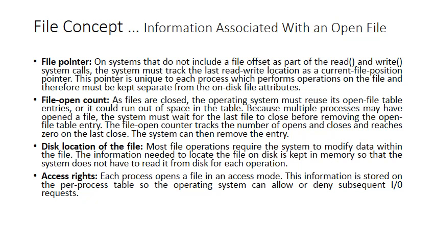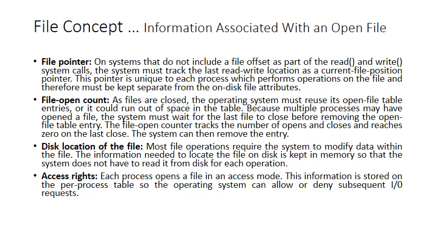This pointer is unique to each process which performs operations on the file and therefore must be kept separate from the on-disk file attributes, whatever attributes that are associated with the file on the storage media.